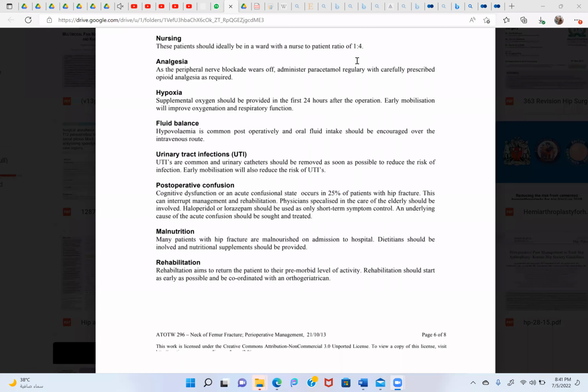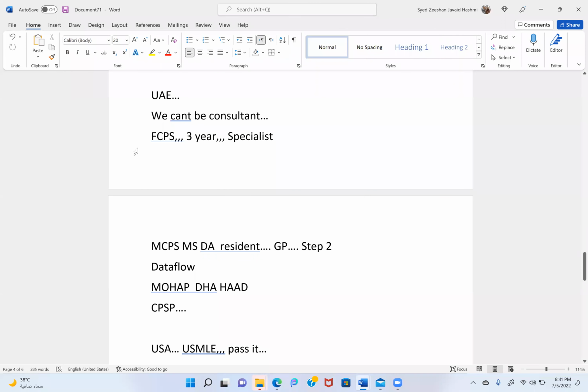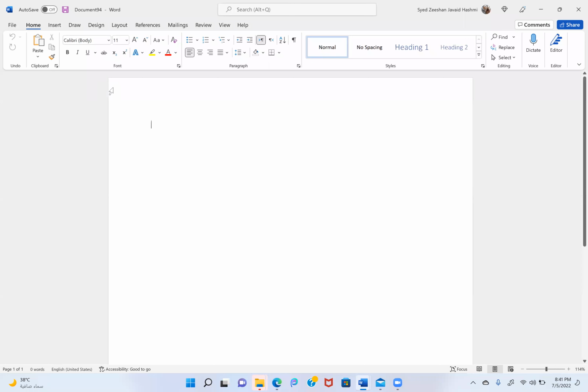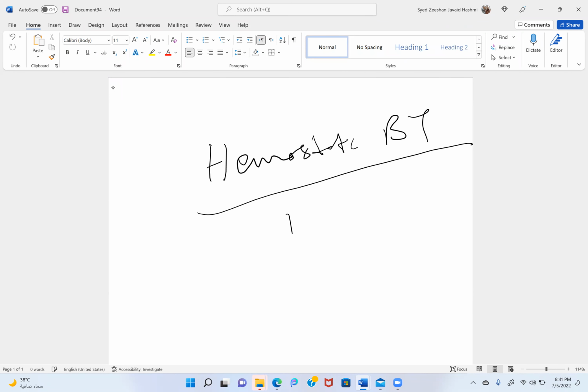Sir, 1:1:1 is packed cells, then the platelets and FFPs? Yes, it is called hemostatic blood transfusion, and it is given in massive hemorrhage when we have to transfuse massive blood loss.